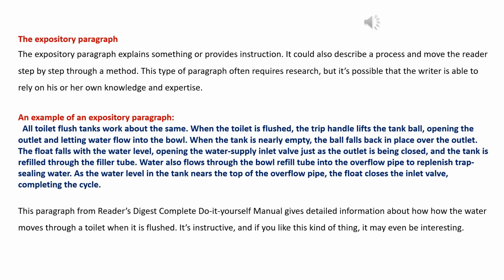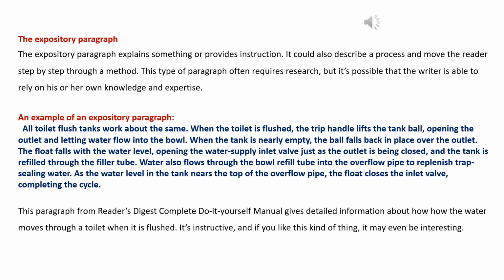All toilet flush tanks work about the same. When the toilet is flushed, the trip handle lifts the tank ball, opening the outlet and letting water flow into the bowl. When the tank is nearly empty, the ball falls back in place over the outlet.